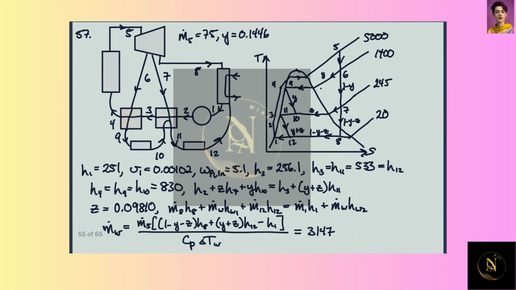Then from 9, we go to 10, which is basically just cooling things down a bit. In the steam trap, we cool things down a little bit and we increase some entropy.